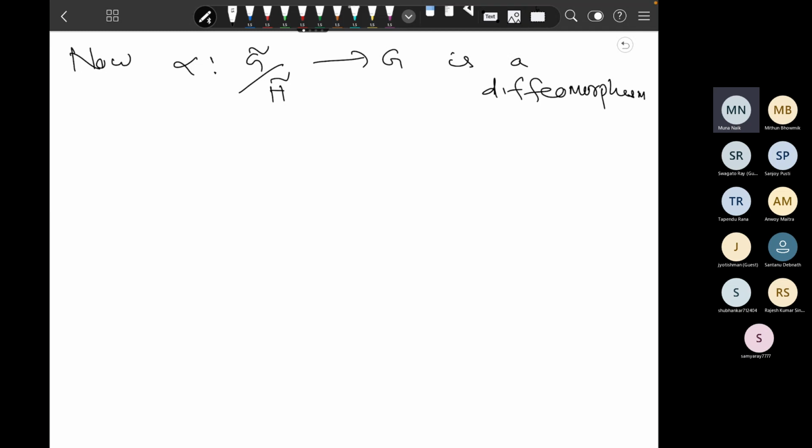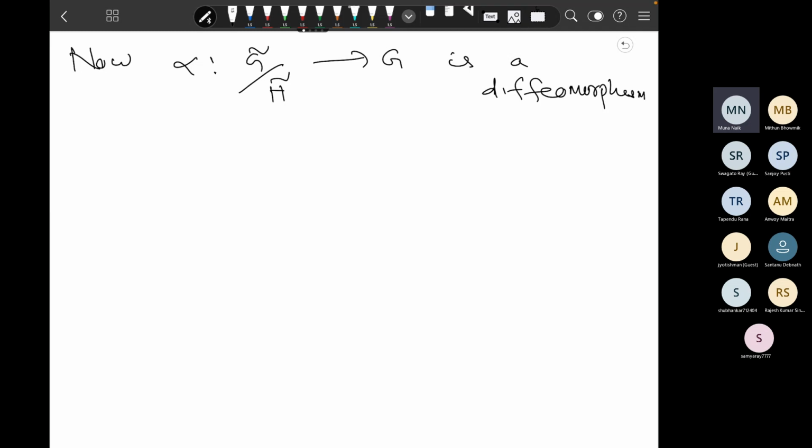Okay, so what we will do, we will transport the Riemannian structure from G tilde by H tilde to G, and geodesics according to G, and if you transport over everything to G, then G becomes a Riemannian symmetric space. It is clear. Okay. So remember, I told you in the beginning, you do not know this result as G is Riemannian symmetric. You are proving this thing in a different way.